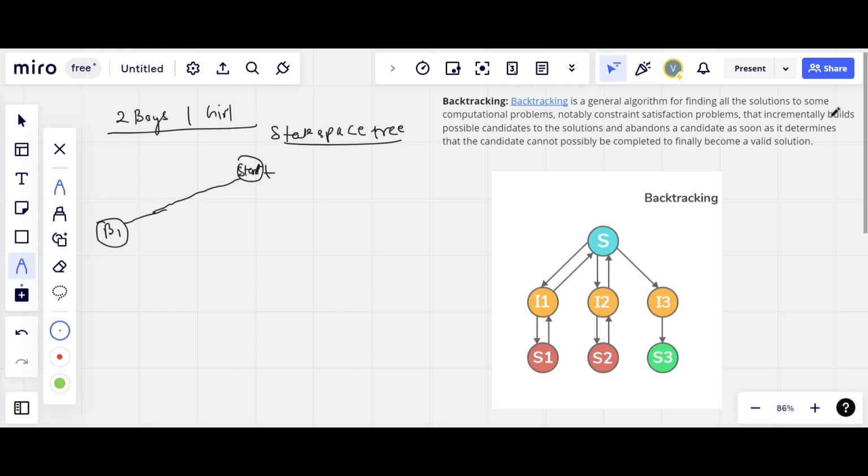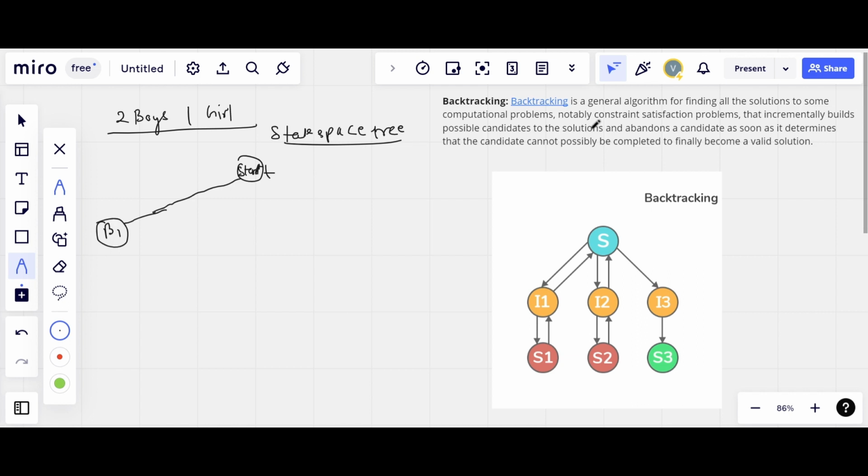Going incrementally, level by level, step by step, to build the possible candidate. So we are building our candidate. We are going from start to B1, and then we'll choose some other candidate, maybe a boy or a girl, and then we are building our solutions.